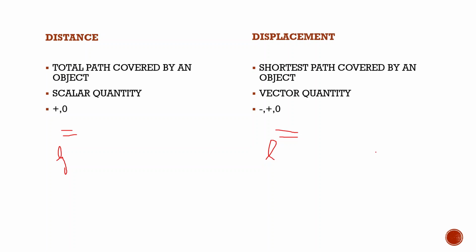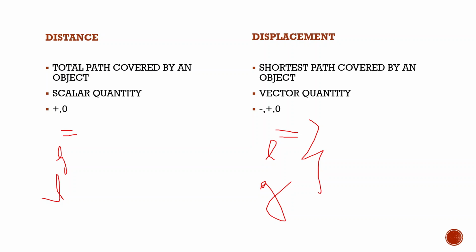These are the things you can write. And distance is not lesser than displacement. Displacement is not greater than distance. So these are three things you can add on extra. Okay, so these are the prominent examples. Now we'll head on to the prominent differences.